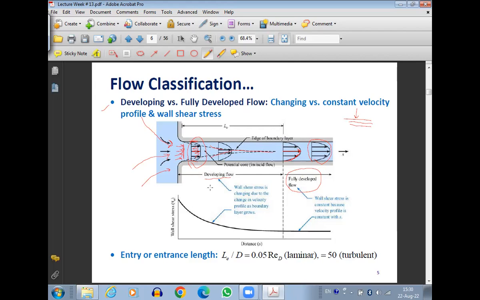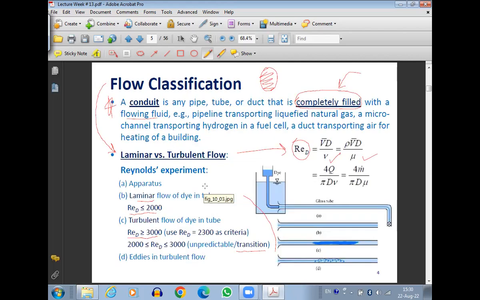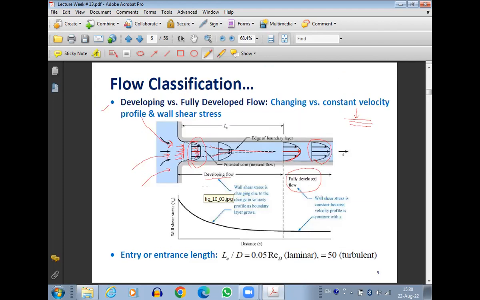Anyways, this is another classification. The first classification that we discussed was laminar versus turbulent flows. The second classification is developing versus fully developed flow. Whenever the fluid enters into the pipe, there is always a specific length for the developing flow.